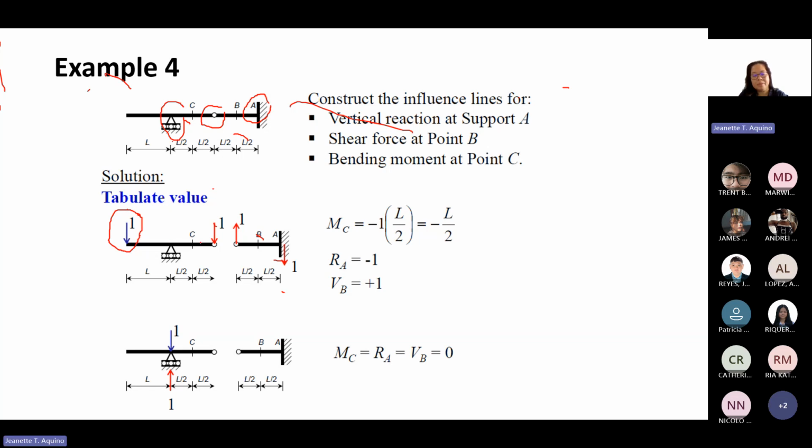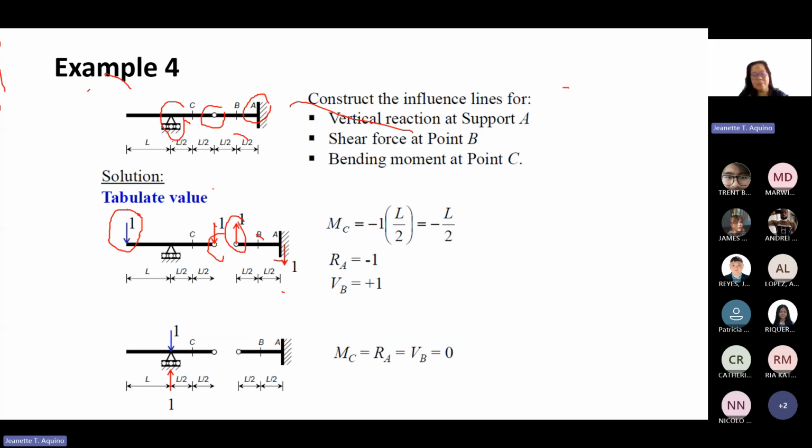If your load is at the end here and you want to resolve the load at the pin here, you can transfer it here, and if it's downward here, your reaction will be upward.